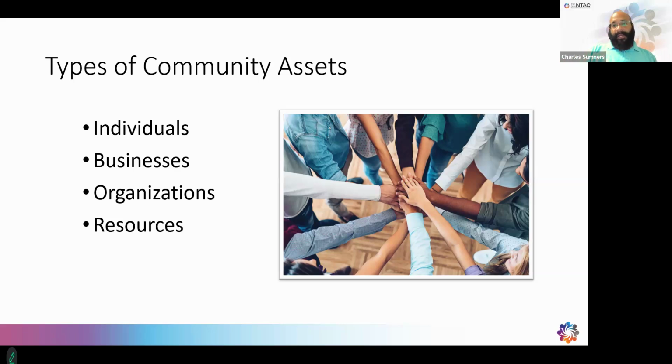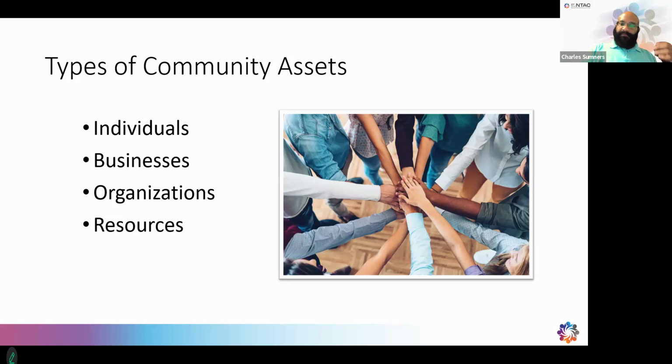We also have larger organizations. These can be other nonprofits, as well as local associations or partnerships, community organizations that can help you either directly, or they can be a valuable networking resource, right? Like they can connect you with other local partners with whom you can improve your programming. And also just resources, right?